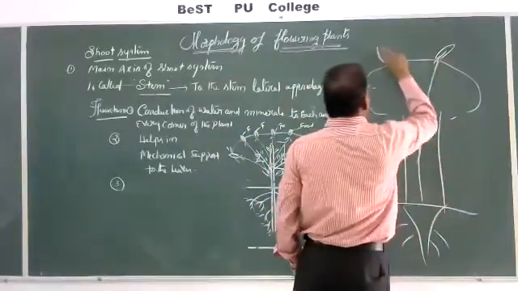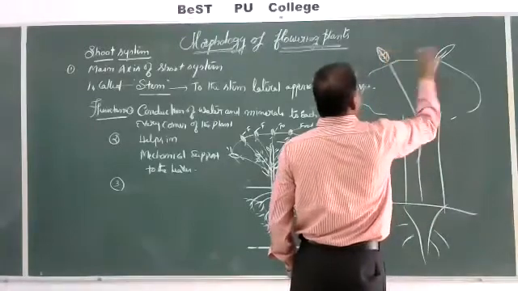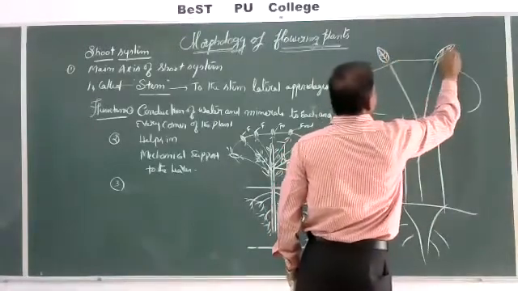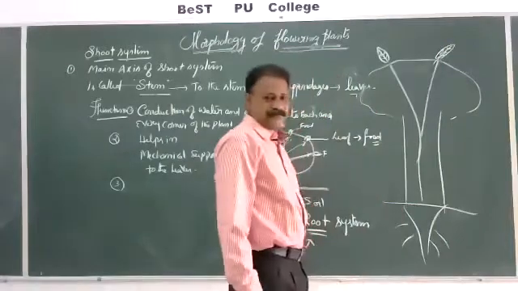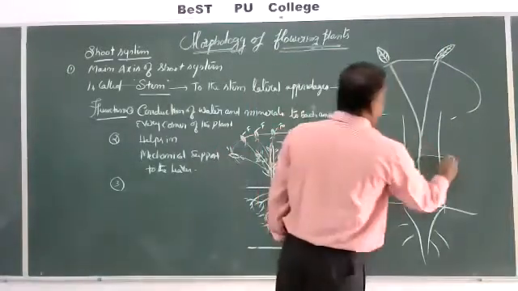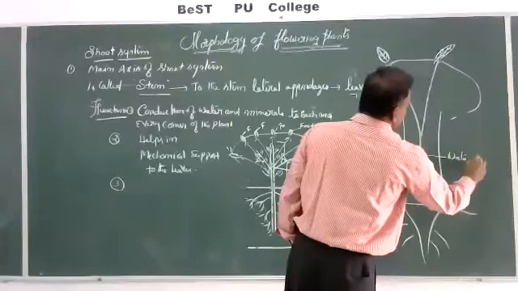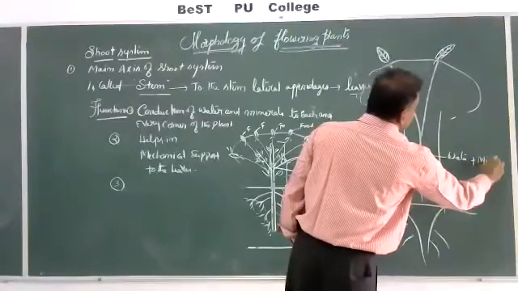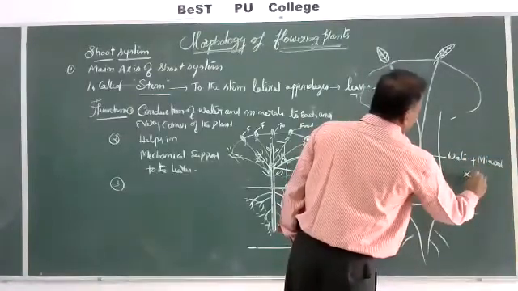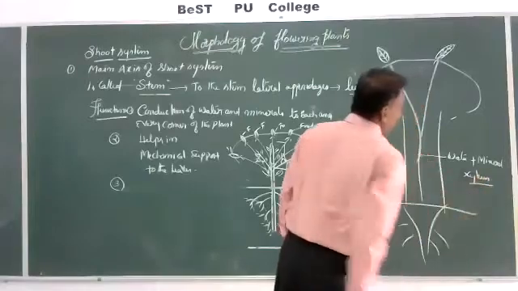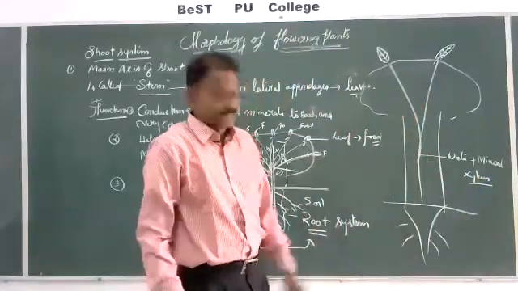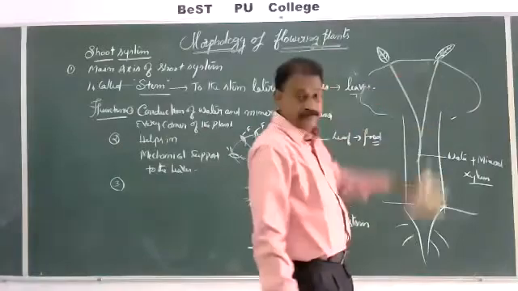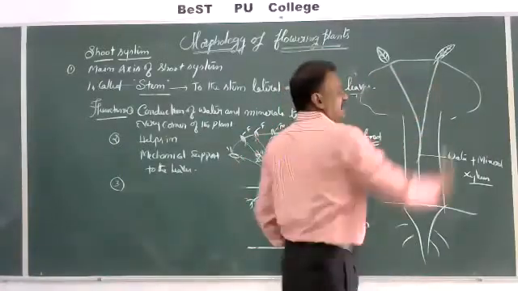For example, I am showing two leaves in the figure. The movement of water and minerals by xylem is in one direction, from the base to the top. So it will supply all the leaves.